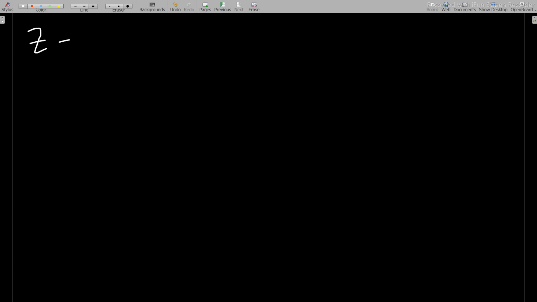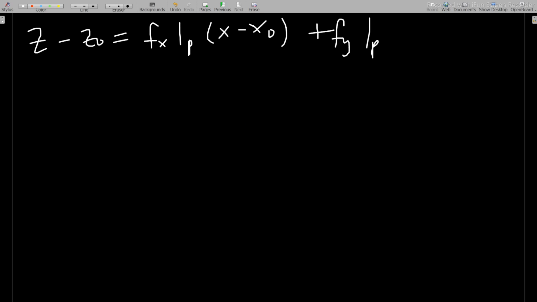The formula is z minus z naught equals fx, simplified as p, x minus x naught plus fy simplified as p, y minus y naught. But here, if you consider clearly, it's an equation form. So what you will use here is, instead of fx, we will use a z minus z naught here.